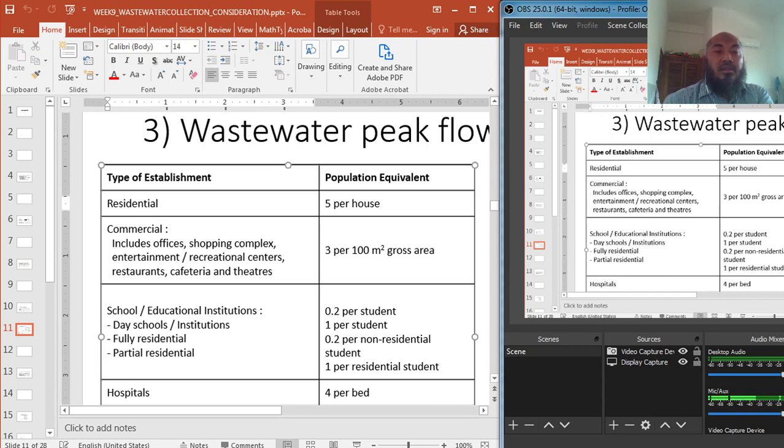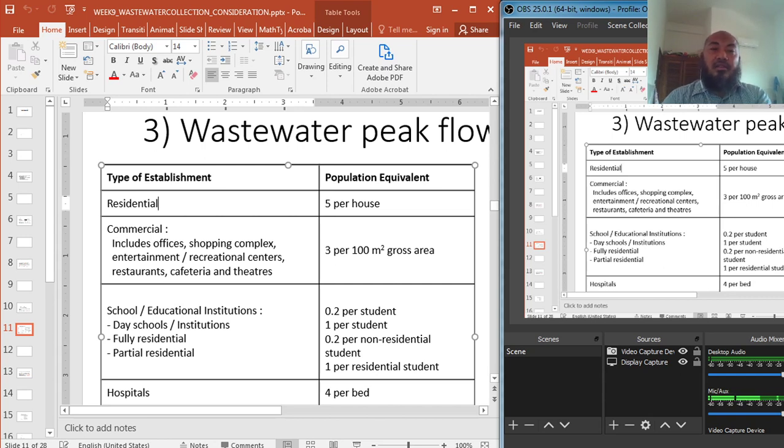In a residential area, population equivalent is 5 per house. Once again, population equivalent does not refer to the population. This is the unit that is used for estimating the wastewater.